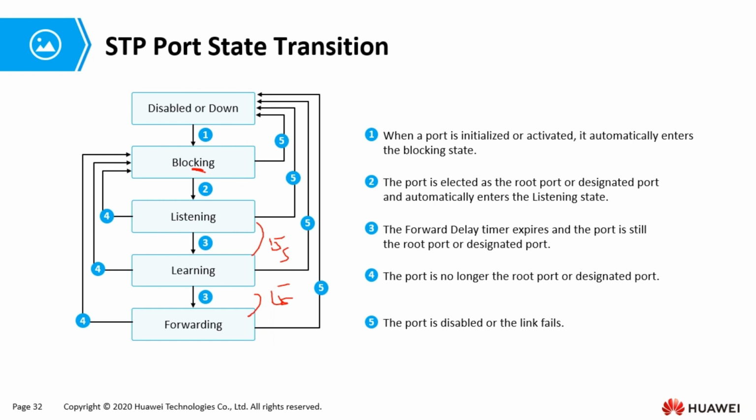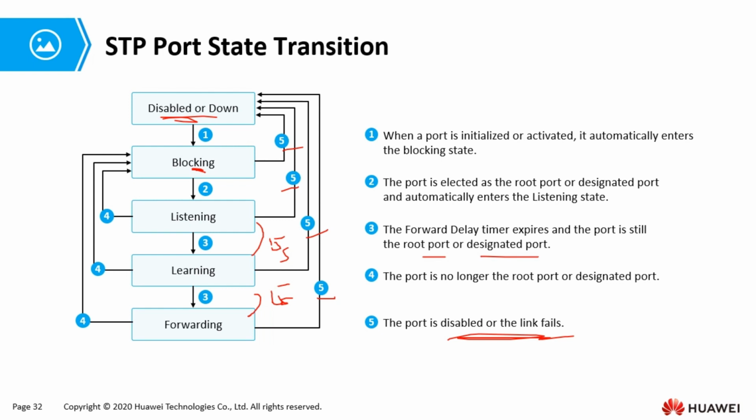Okay, when the forward delay time expires, the port is still the root port or designated port. If the port is no longer the root port or designated port, it will go back. If the port is disabled or the link fails, it will move to the disabled or null state. This one also is one of the exam questions.